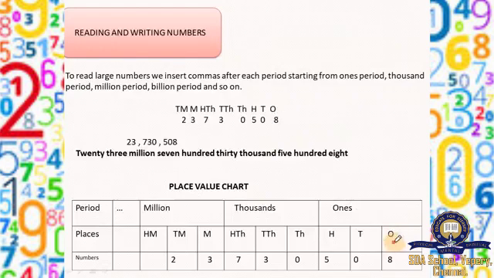So under ones place, we have to mention 8. In tens place we have 0. So 0 here. In hundreds place we have 5. And the period is ones, tens and hundreds together is called ones period. 1000, 10,000, 100,000 together is called the thousand period. Million, 10 million, 100 million together is called the million period.